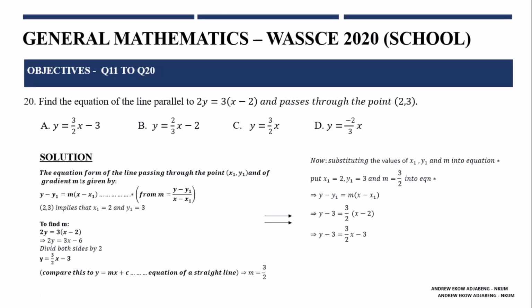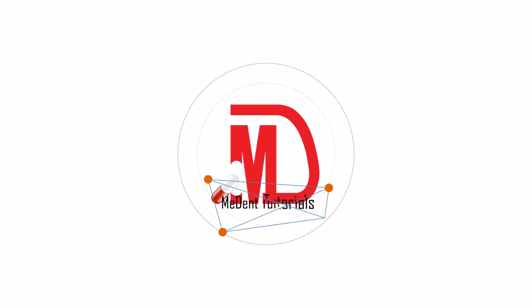We group like terms. That gives us y equals 3/2x minus 3 plus 3. And that means our value y equals 3x/2. This becomes the answer. So that means our possible answer C in question 20 is the right solution.